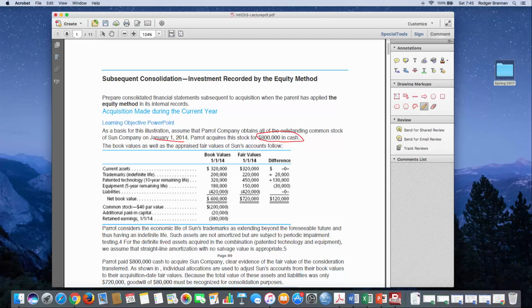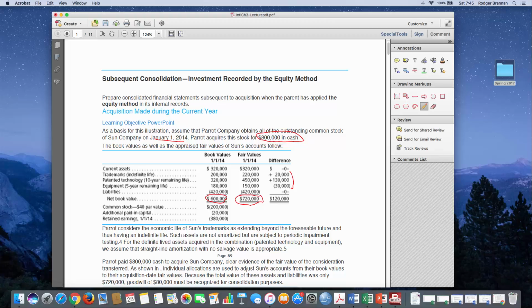Now, inherent in that transaction, Parrot is going to have to take that $800,000. They need to figure out the difference between the book value of the net assets they acquired and the fair market value of the net assets that they acquired. So in this case, there's $120,000 over and above book value that they can ascribe to, in this case, the 3 very specific assets.